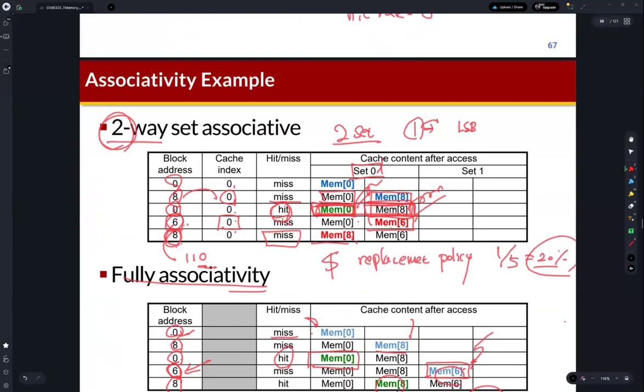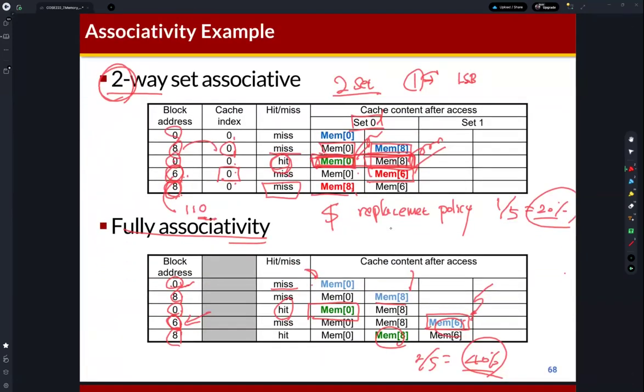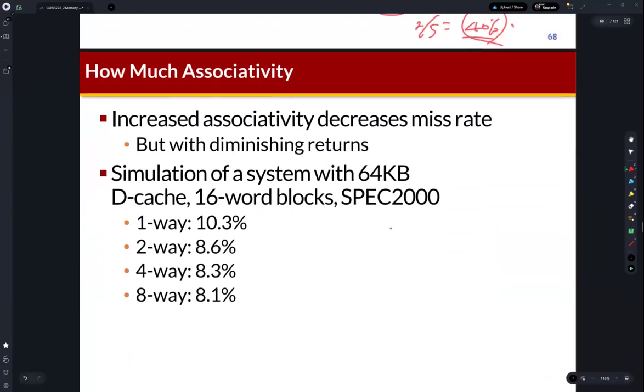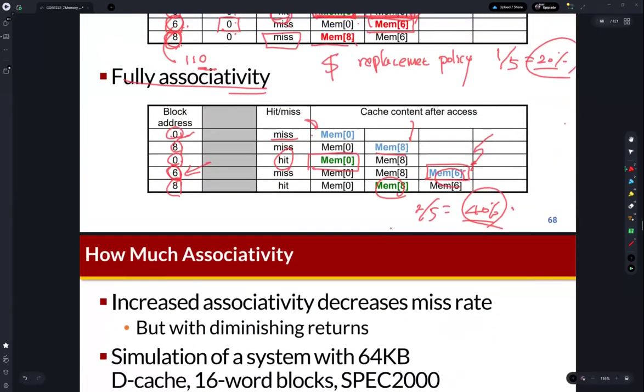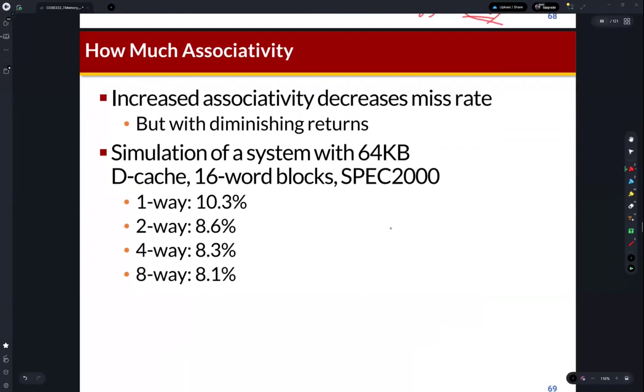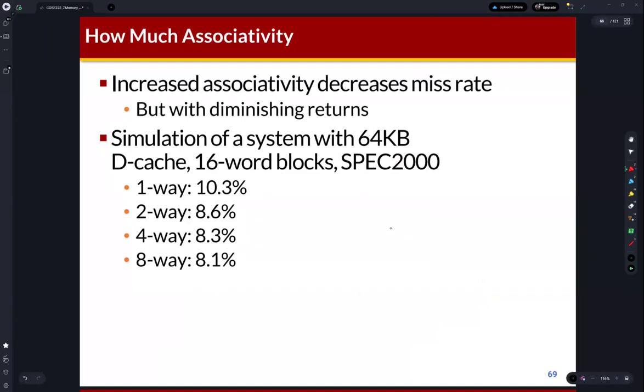Obviously the fully associative cache exhibits the highest performance, the highest hit rate, right? So you can think that, in order to increase the performance, you can use the fully associative cache, right? That is true, right?